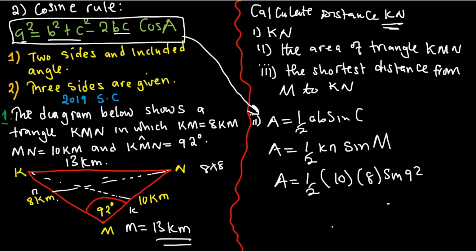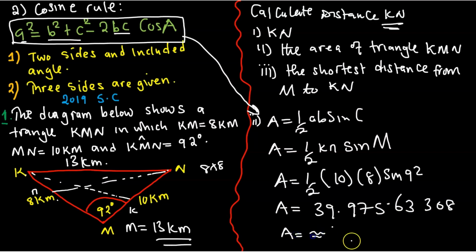To me, it is giving me, so area is equals to 39.97563308, which is the area is equal to 40 kilometer square. Okay, so that is the area.